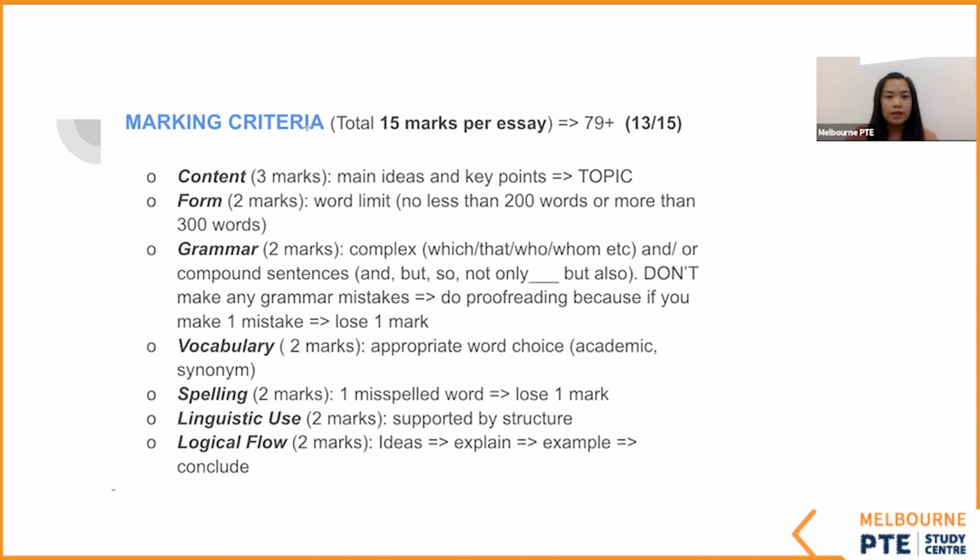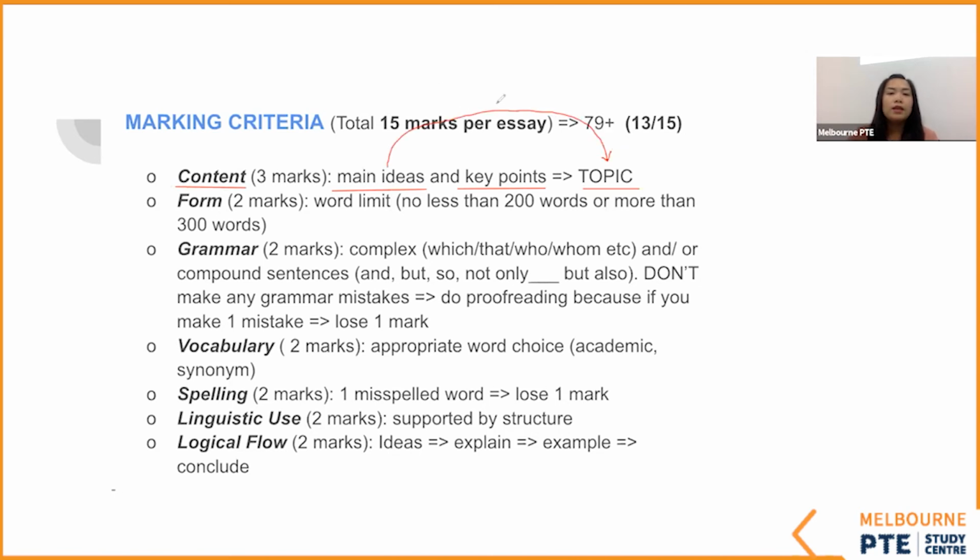So for essay, the first thing I want you to know is the content. What does it mean by content? It's a main idea. It's a key point. Let's say, when you write an essay, right, you need to think about the idea. And your idea needs to relate to the topic. Is that right? Your idea needs to relate to your topic.